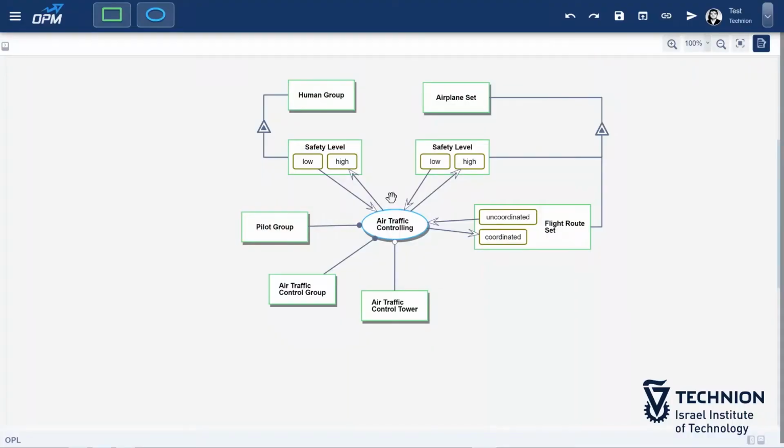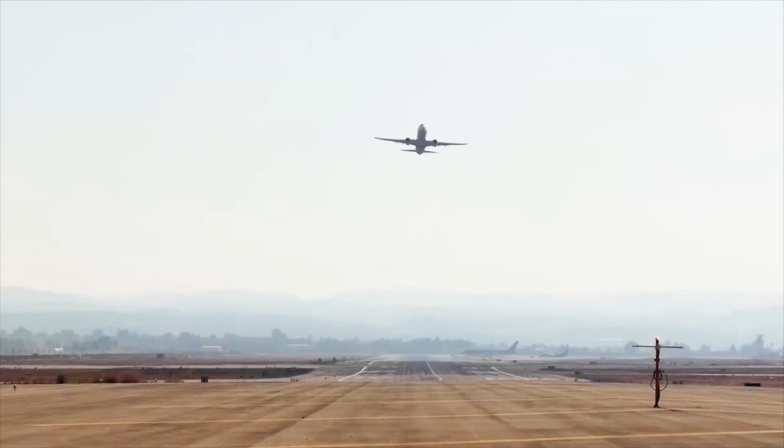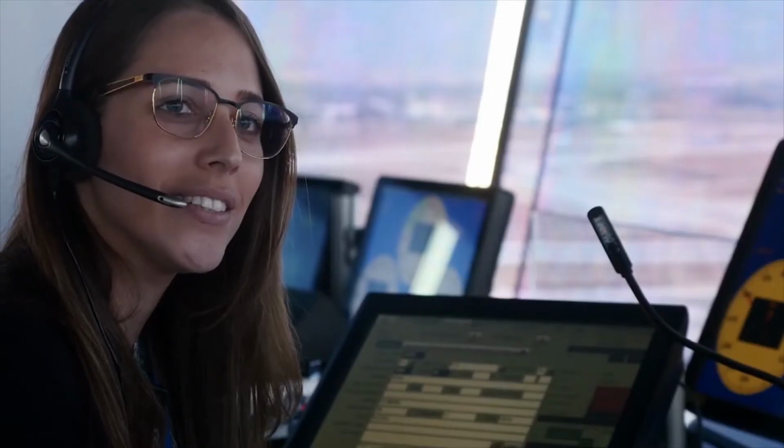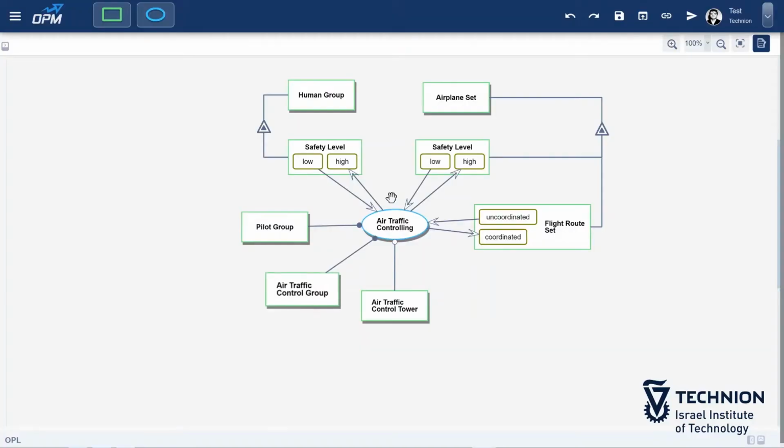Look at the SD of the airplane flying system. We can try to identify what environmental things, objects and processes affect its operation. We see that the takeoff and landing processes require the approval of the air traffic control tower. In our air traffic controlling system model, the air traffic control tower is, of course, systemic.